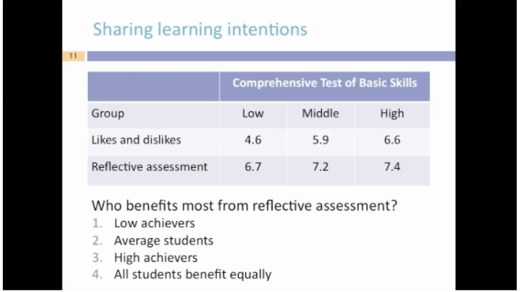Sharing learning intentions closes achievement gaps because it's more beneficial for the lowest achievers than the highest achievers, because often the highest achievers already know what good learning looks like, what good work in a subject looks like. So one of the things we can do to close the achievement gap is to make sure that all students are getting access to the codes for success, if you like.